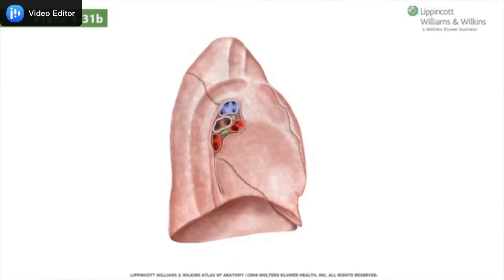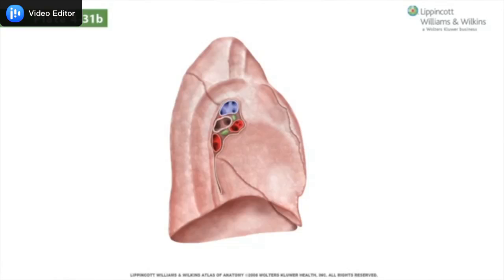For instance, an embalmed left lung has a large concave cardiac impression corresponding to the adjacent pericardium. These impressions would not be seen on a fresh lung because the shape of the lung has not been chemically fixed.